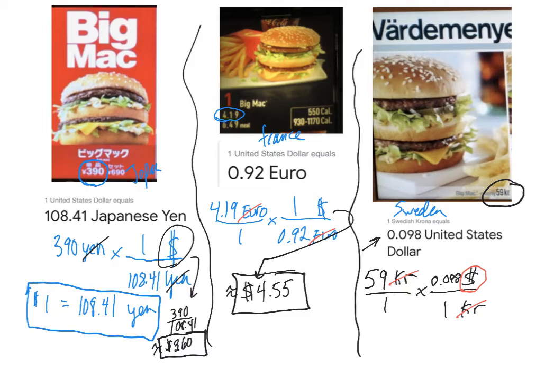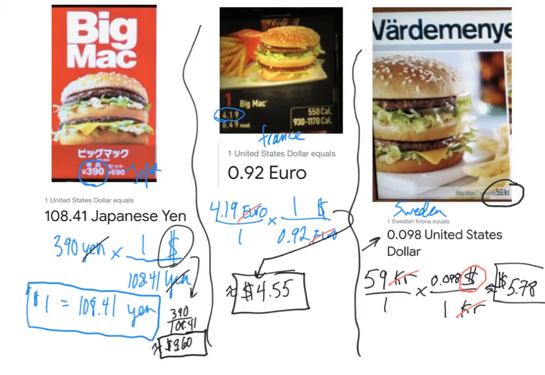And so for this product, if I multiply 59 over 1 times 0.098, I see the denominators are just 1, so there's no division needed. I can just multiply by 0.098. And if we round this to the nearest hundredth, we get $5.78.